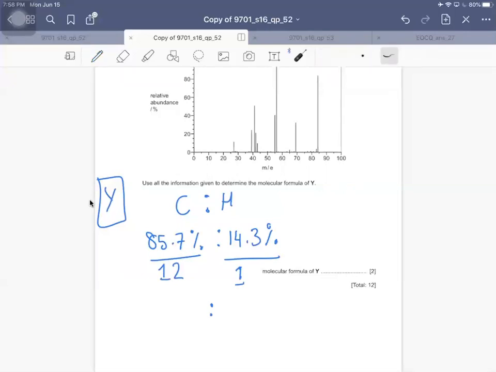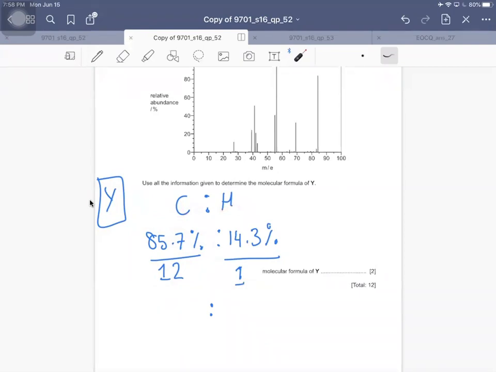So why do we divide by the AR? I know it's percentage mass, but you can see it as mass. Mass divided by AR, or mass over MR, is the number of moles. So you want to find the mole ratio between carbon and hydrogen. What is the ratio between carbon and hydrogen?